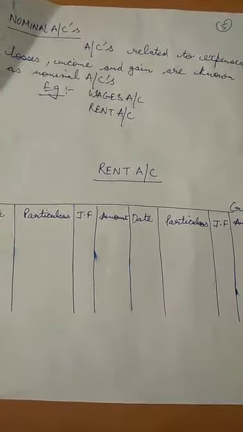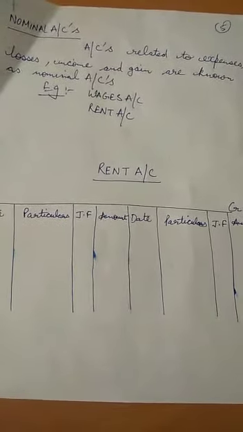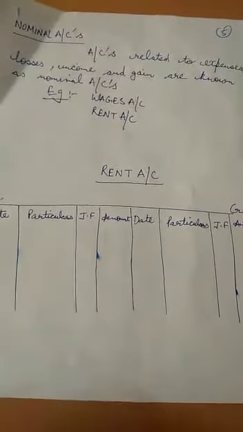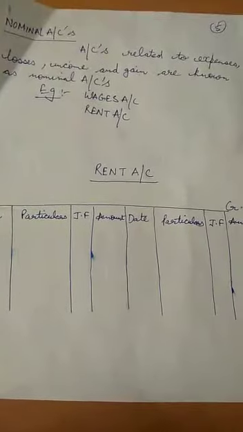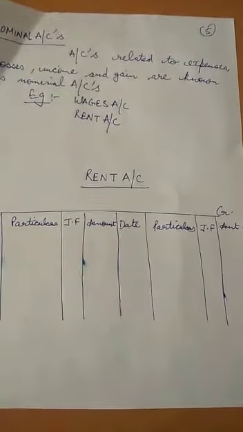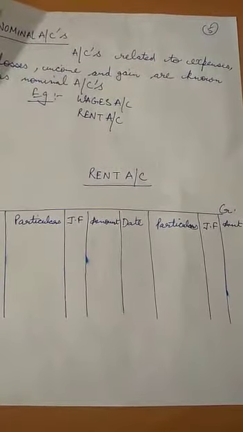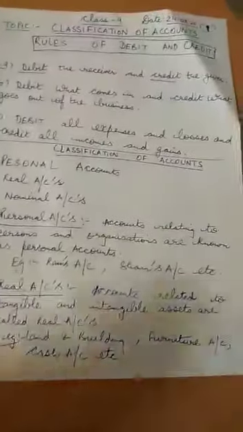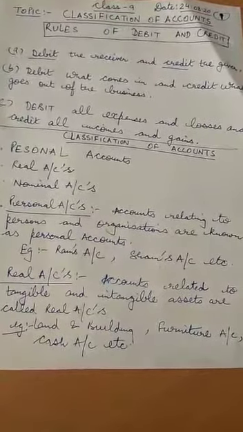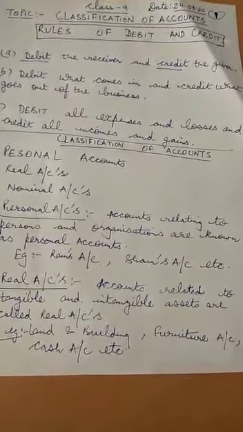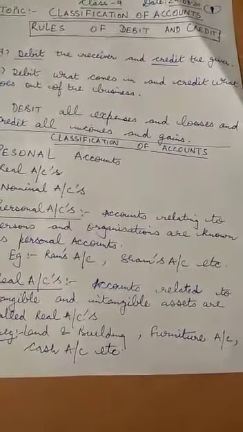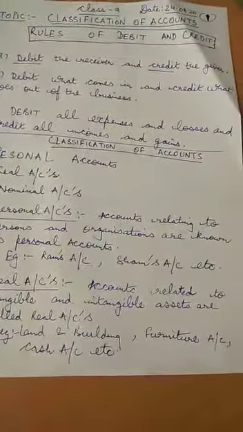Now let us talk about the three broad categories in which the accounts are categorized, which will help you in understanding accountancy much more clearly. So children, the classification of accounts is done firstly in three categories, that is personal account, real account and nominal account.